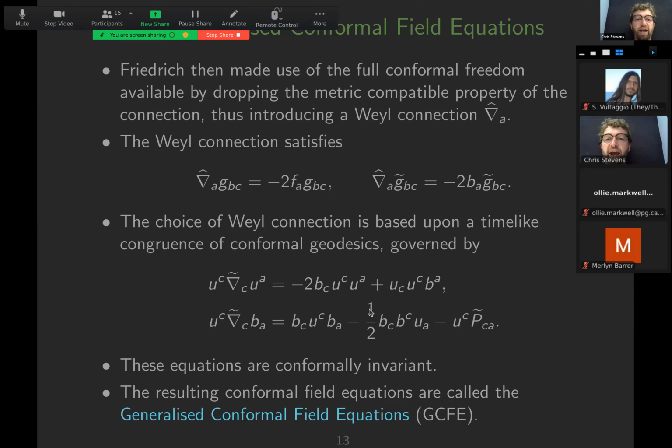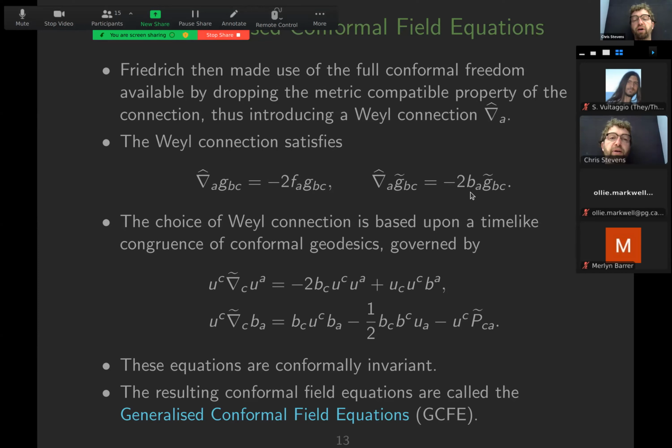So we have something that you would hope to see, the autoparallel aspect. You have the derivative of a vector along itself, but it's no longer equal to 0 or a multiple of itself. It's going to be related to an extra variable, a one form, and this one form is going to be governed by its own equation. So this one form in particular, B, could be used to fix a connection, right?